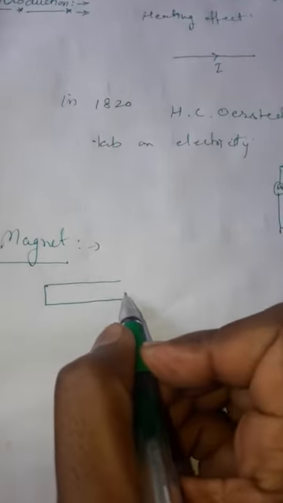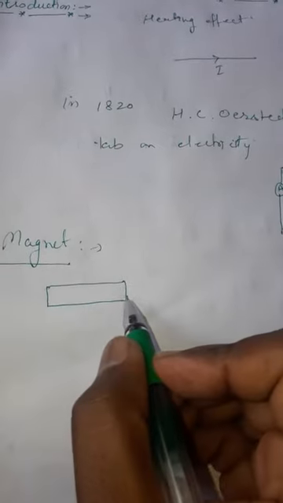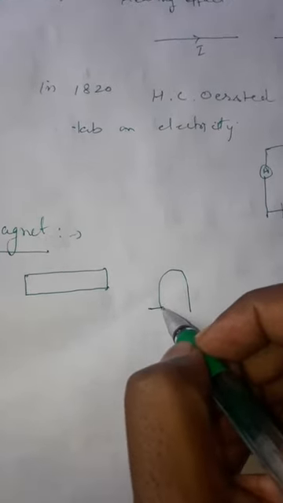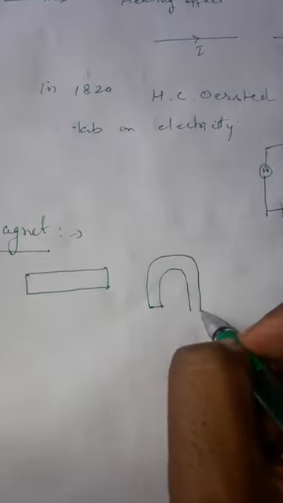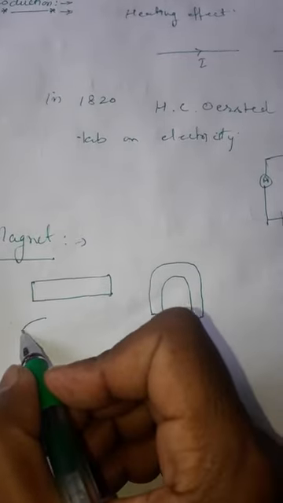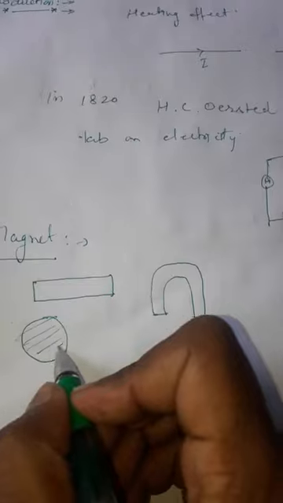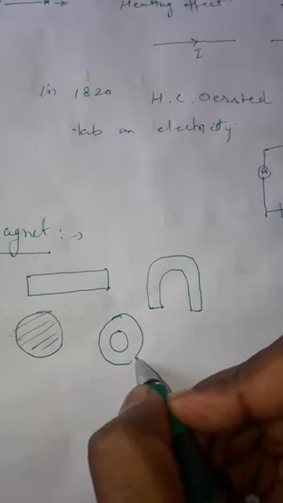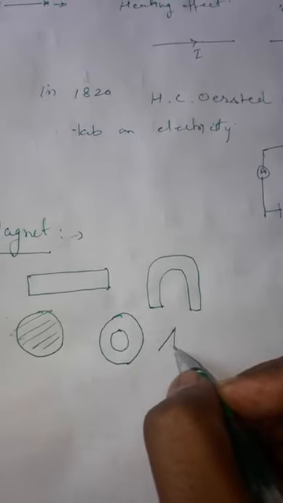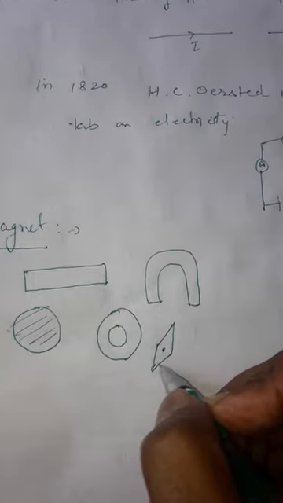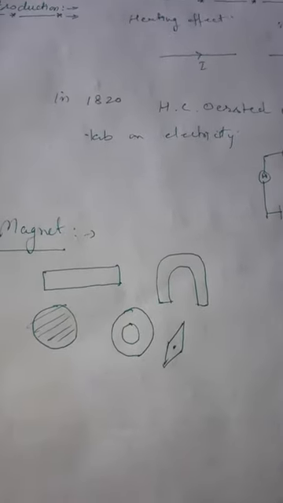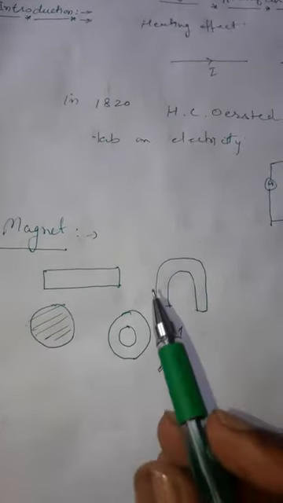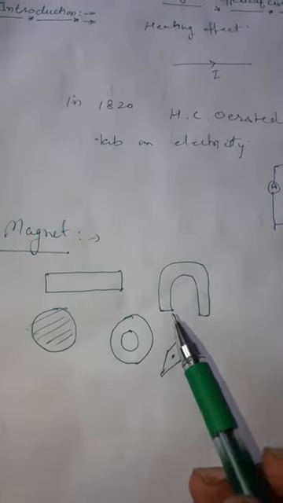All the students are also aware that there are different types of magnets and shapes which we have already seen: a bar type magnet, a U-shaped magnet, a disc or ring type, and a needle type. All these shapes are easily available in the market.